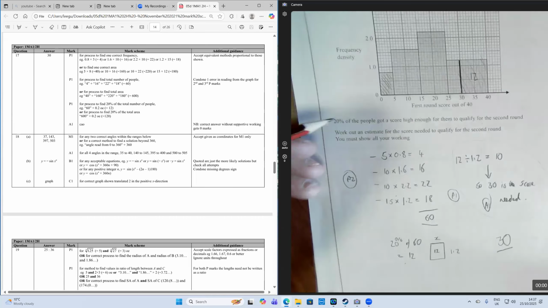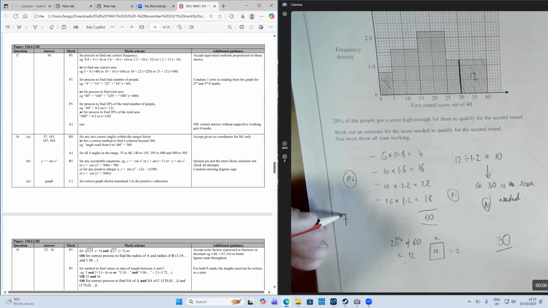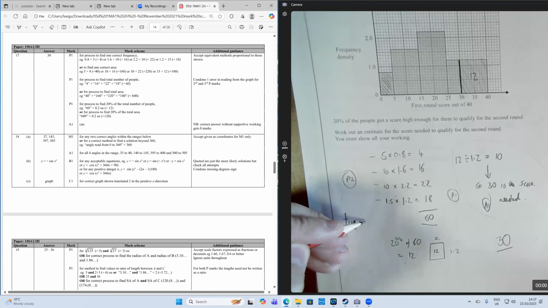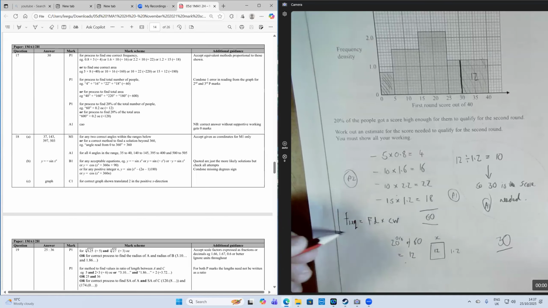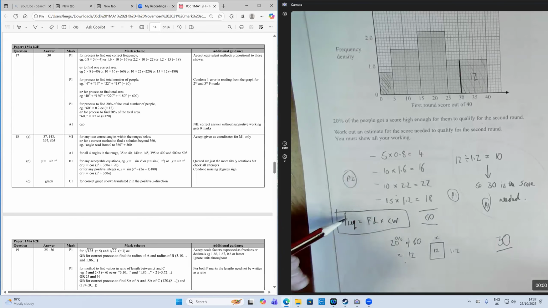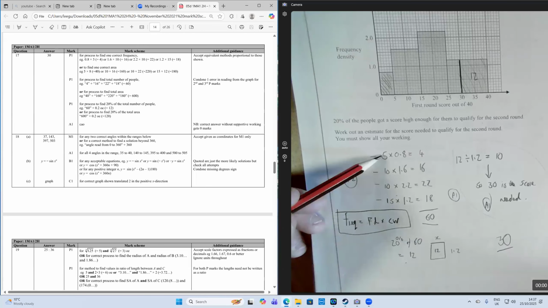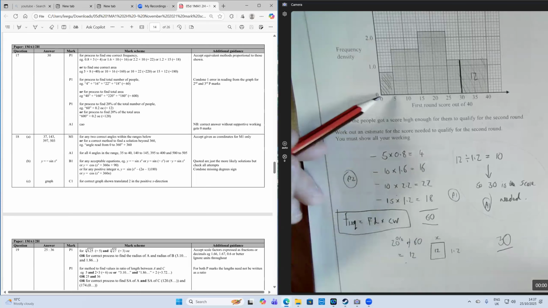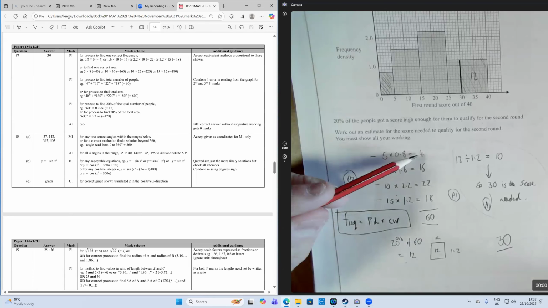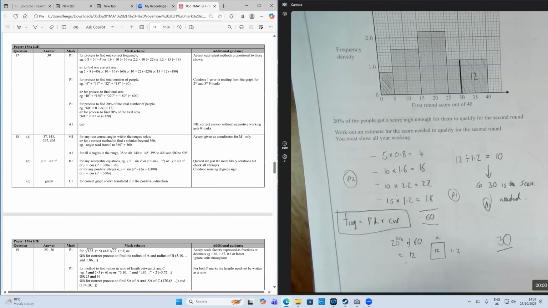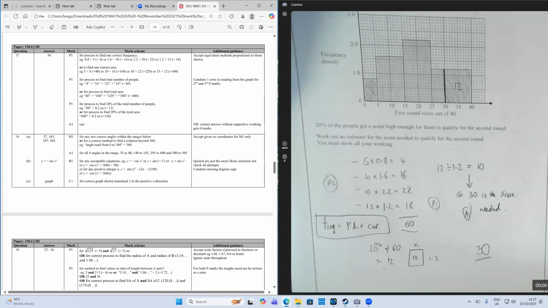And the idea that we've used there, let me just write that down, is that frequency is equal to the frequency density times the class width. That's the formula that I've used there. Frequency is frequency density times the class width. So if we look at the first one, the class width is 5 and the frequency density was 0.8. So 5 times 0.8 gave us the frequency. Perfect. So we now know that there were 60 people.